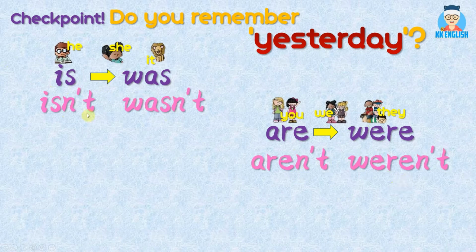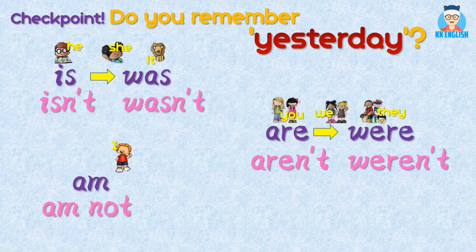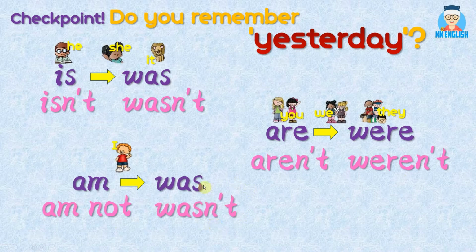Again, isn't, wasn't, aren't, weren't. How about I? 我呢？I am, I am not. 我是，我不是，或者我正在，我并没有正在。How about yesterday? I was. I wasn't. I was. I wasn't.